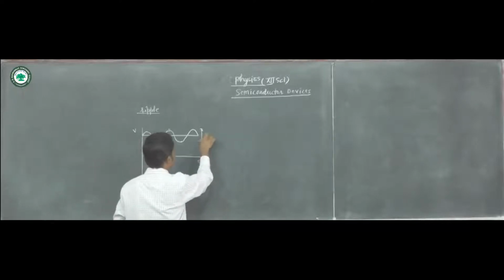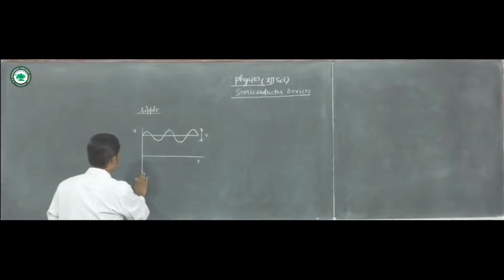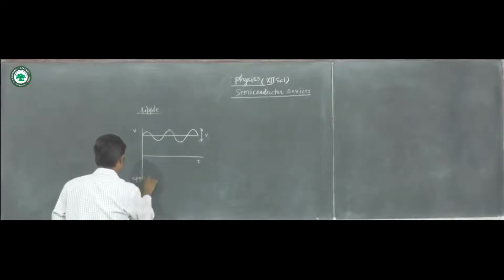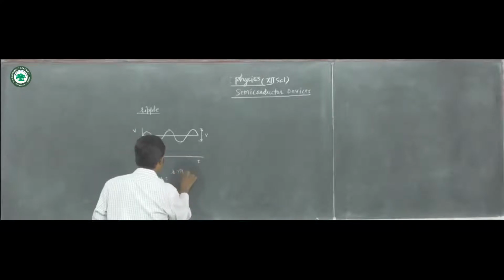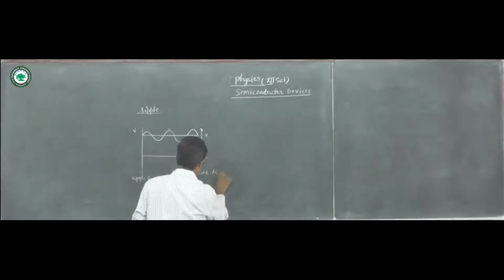The ripple factor is given by the ratio of the RMS value of the AC component to the DC output.